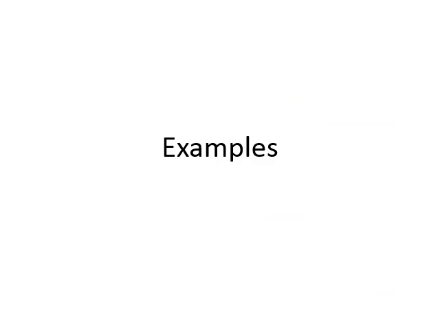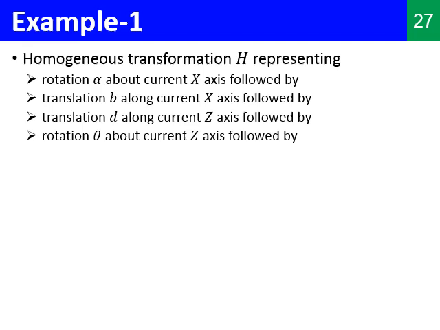Let's do some examples to understand what we learned so far. So here you need to find the resulting homogeneous transformation matrix H, and you can see all these rigid motions are performed with respect to the current frame. So we would use post multiplication.